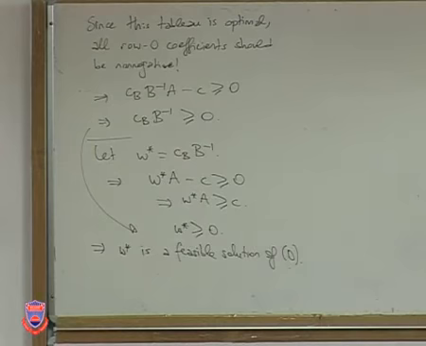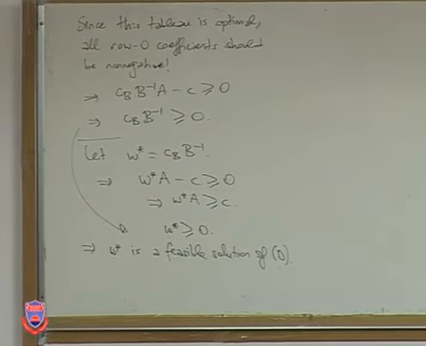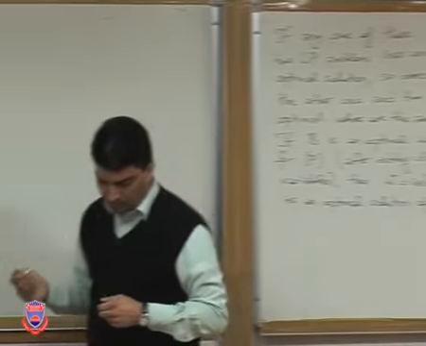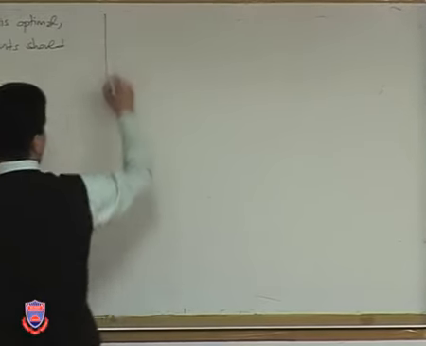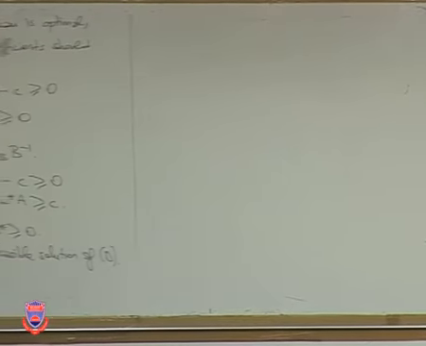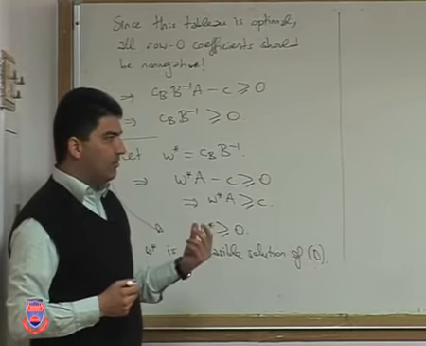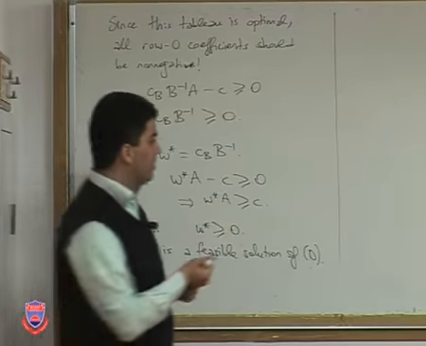So that's nice, okay? But I want to show more than this, right? I want to show that W star is not only feasible, but it's actually an optimal solution of the dual problem, okay? So how am I going to show that? Well, let me look at the objective function value of the primal problem, okay?